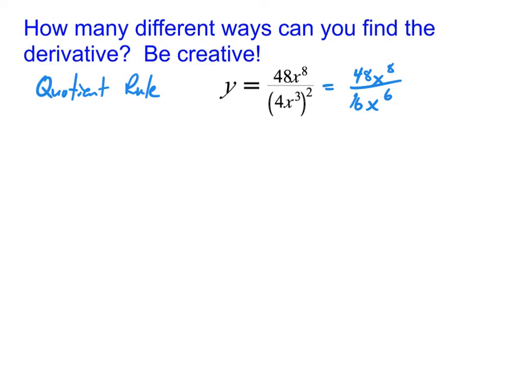But then you took us even further, where notice that that fraction even simplifies. And I could even simplify this. So the 48 over 16 equals 3. x to the 8th over x to the 6th is x squared. And we could find the derivative of that. So there's three methods right there. Okay. Other methods.